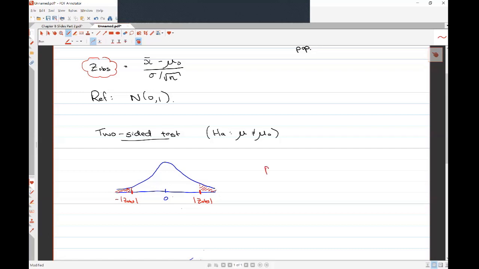If you want a formula for this, you can calculate the p-value as 2 times the normal CDF at negative of z observed. And this p-value will then just be evaluated against your specified alpha level.